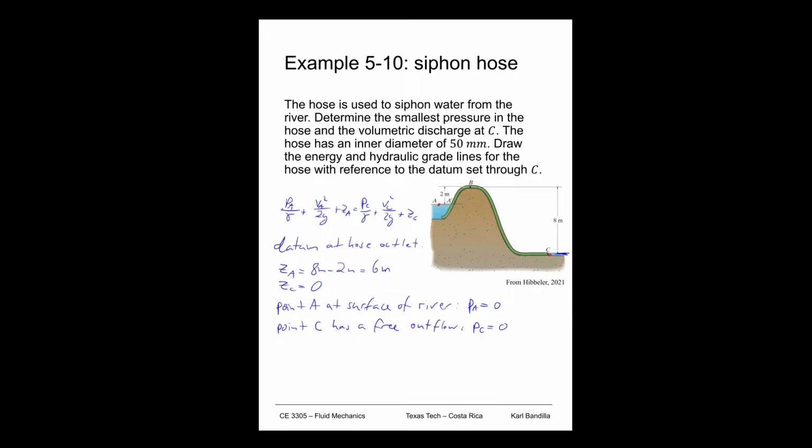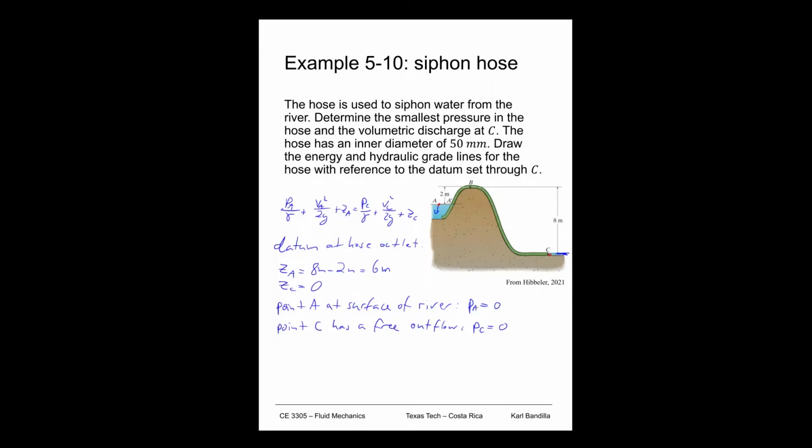All right, so we already have 1, 2, 3, 4 knowns. That leaves us with 2 unknowns, VA and VC. Now, VC is the thing we're trying to find. That means we have to figure out something for VA. In our case, we can say our velocity is going in this direction, but it's a big river, so we can assume this is a reservoir, right?